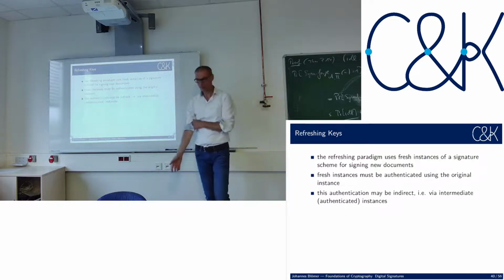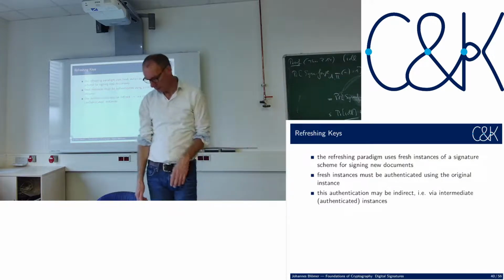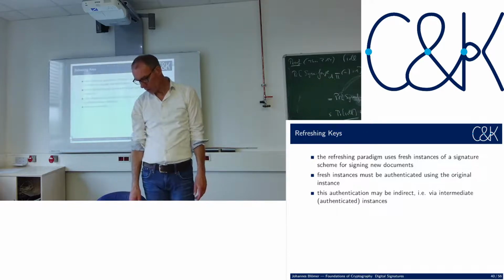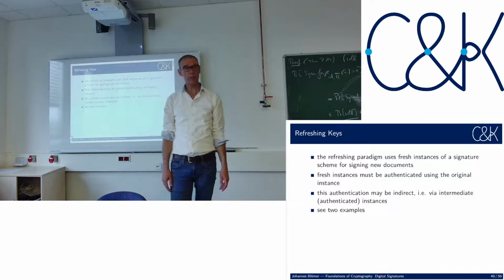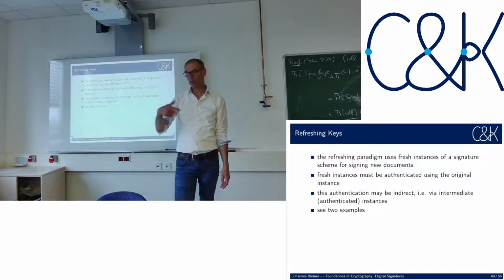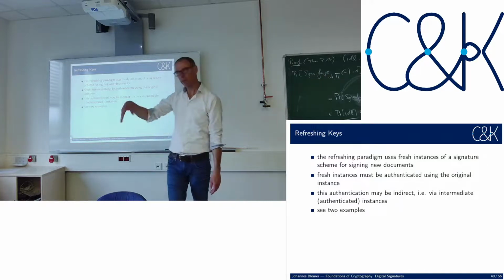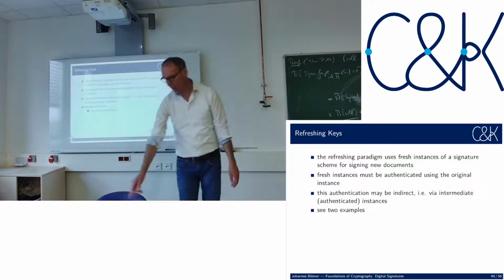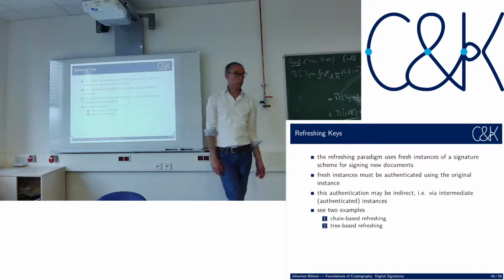So it's really important. And we will see two examples. The first one is mainly there to get used to the techniques. As I said, it's also used in blockchain, but for us, the second one, namely the tree-based version, is much more important.